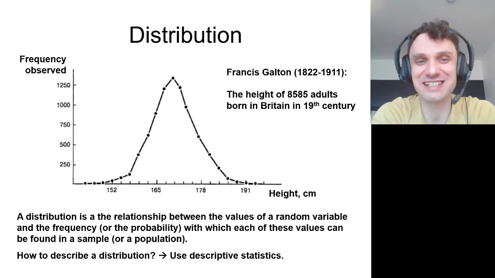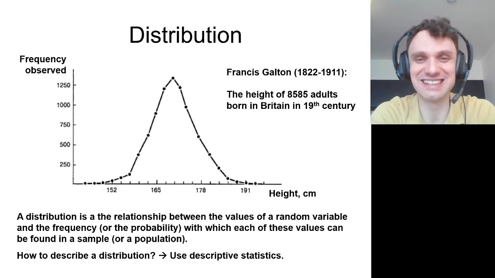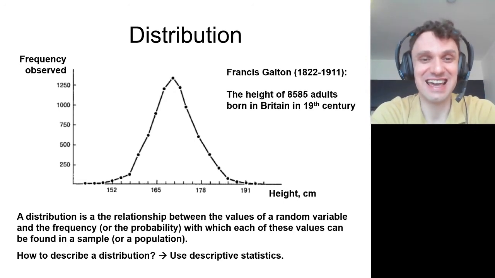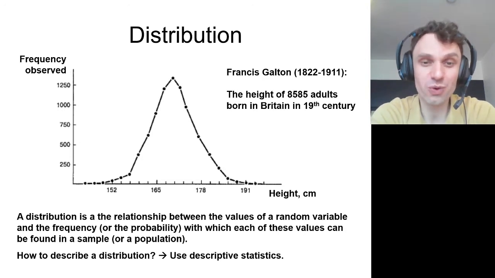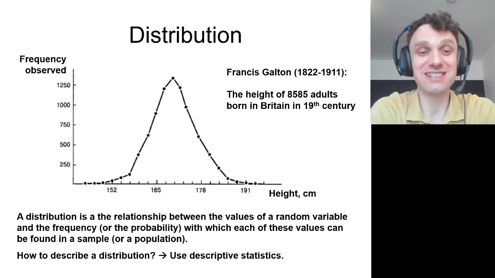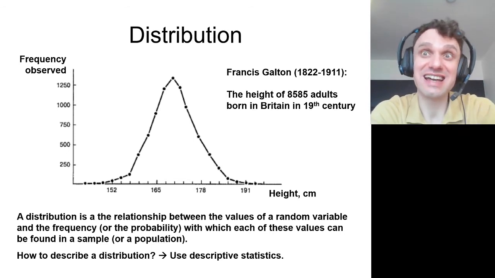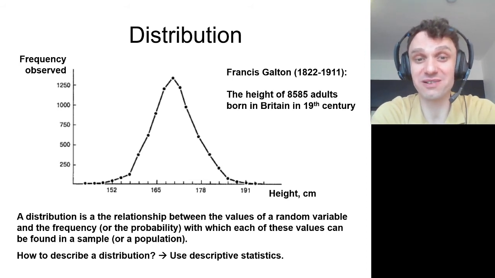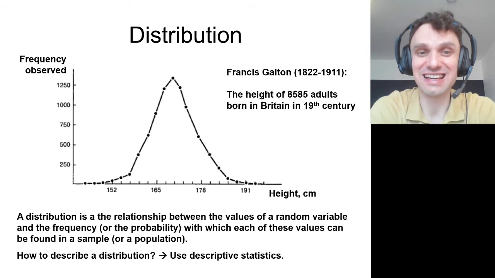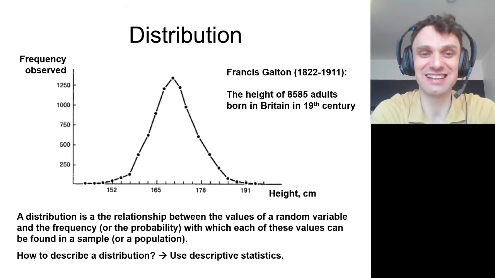Just imagine how much time it took him to get these results. And as a result, he managed to draw this nice distribution. What is a distribution? Basically, for every height in centimeters, you get the frequency, the number of people with this height encountered by Francis Galton.